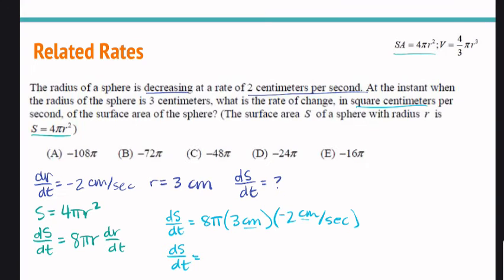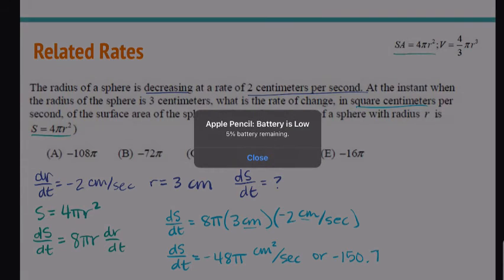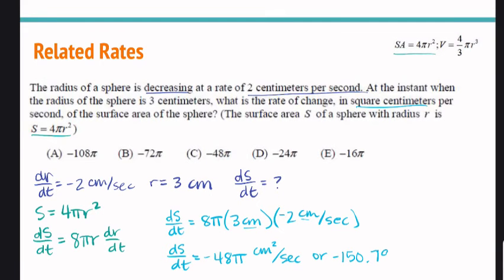So that's going to be 8 times 3 times negative 2, which gives me negative 48 pi centimeters squared per second. Or we can multiply that by pi, and we'll see that it's negative 150.796, always 3 decimal places, centimeters squared per second. Okay.